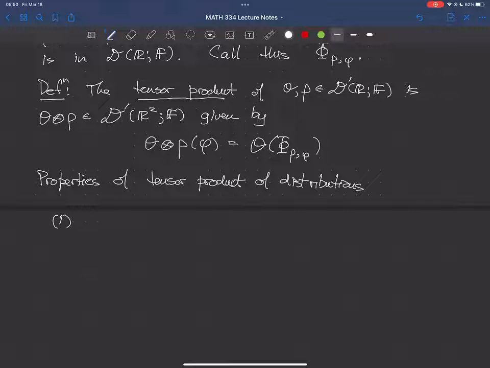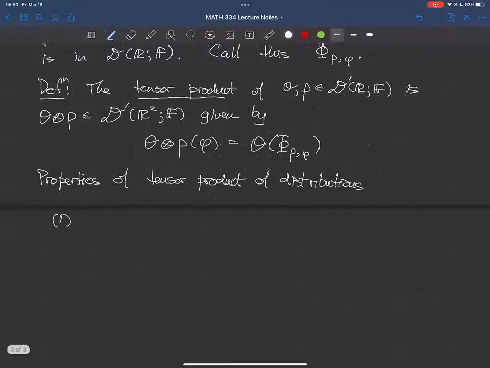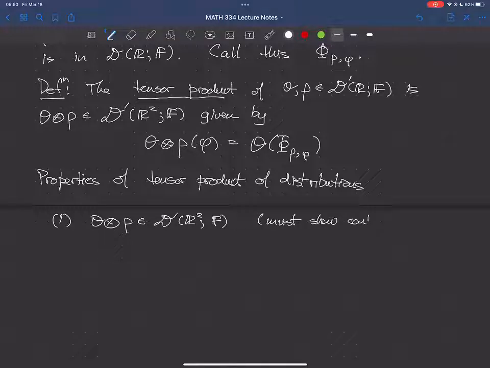There's still that to prove, and that's true. So first, the definition is well posed, so it is a distribution. That means we must show continuity, and that's not that hard.